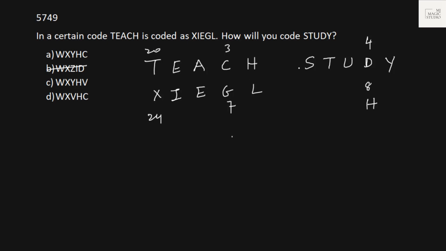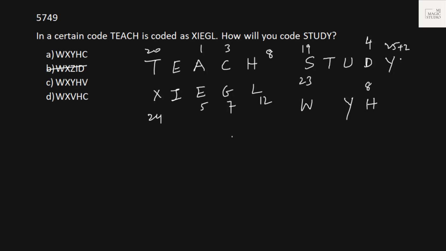T is 20, X is 24, plus 4. S is 19, plus 4 is 23. 23 is W. All are starting with W and X. Let me check for the third one. A is 1, 5, again plus 4. So U is 21, plus 4 is 25, that is Y. And H is 8, L is 12, plus 4 here again.